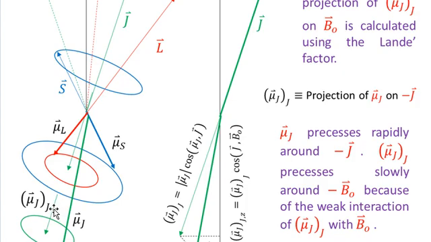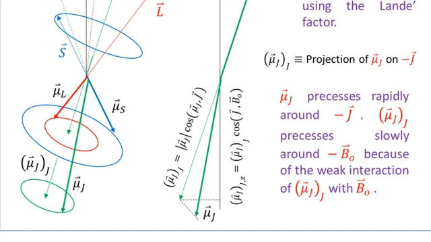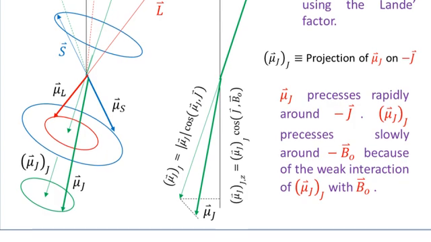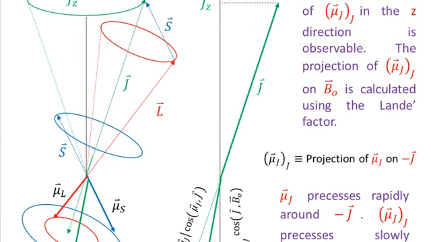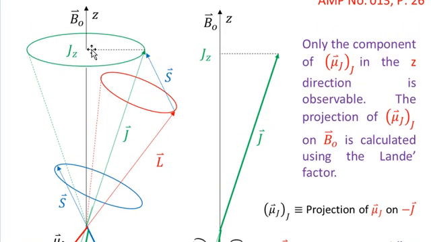Now what will happen to the mu jj? Actually, this mu jj will also carry out a precessional motion about the applied magnetic field. You can notice the direction of the applied magnetic field over here. This is the direction of the applied magnetic field, B naught positive.